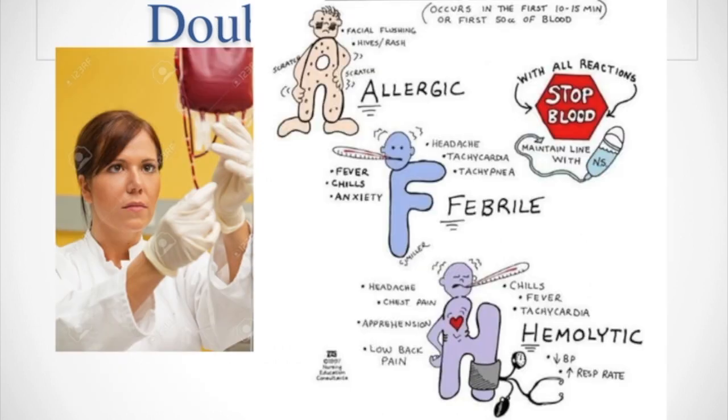This is a slide that just shows you the most common types of transfusion reactions. And usually if you're going to have a blood transfusion reaction, it happens within the first 10 to 15 minutes of the transfusion. So this is why we get a set of baseline vitals before we start. And then 15 minutes in, we get another set of vitals. And what we're assessing for are these type of reactions.